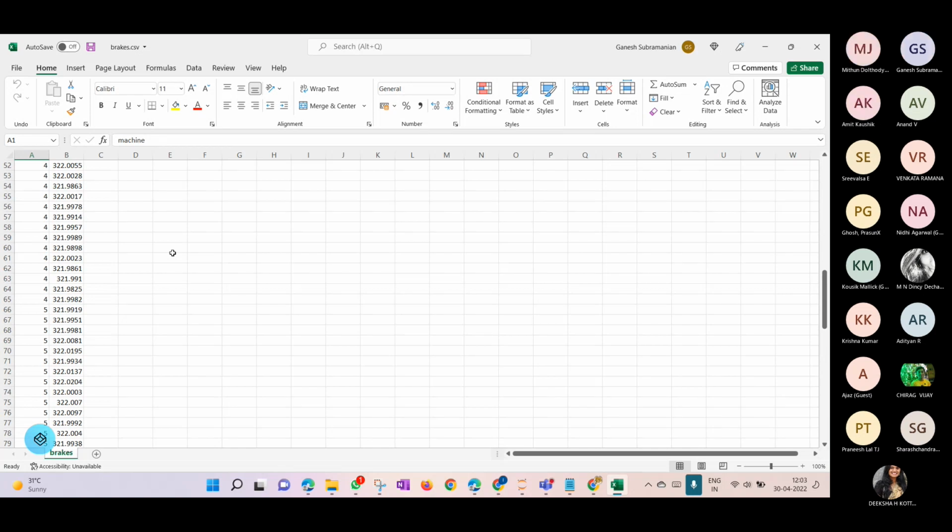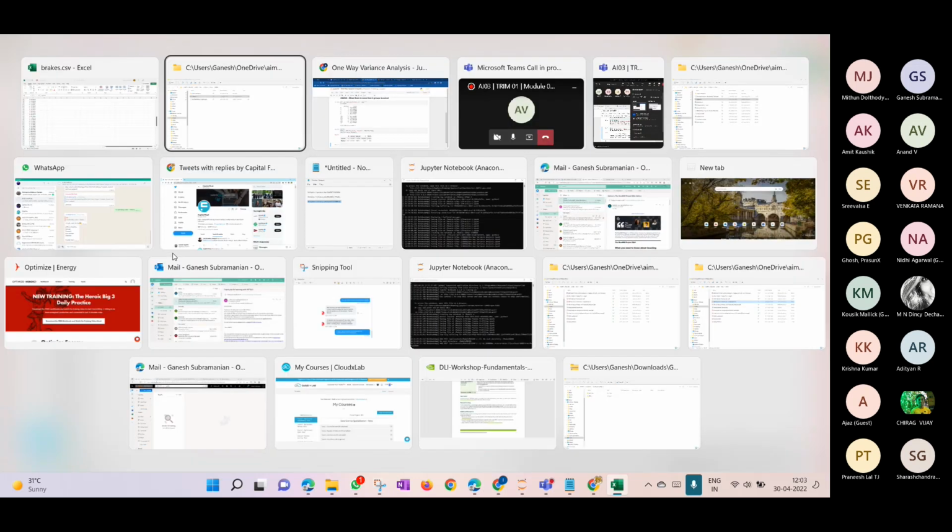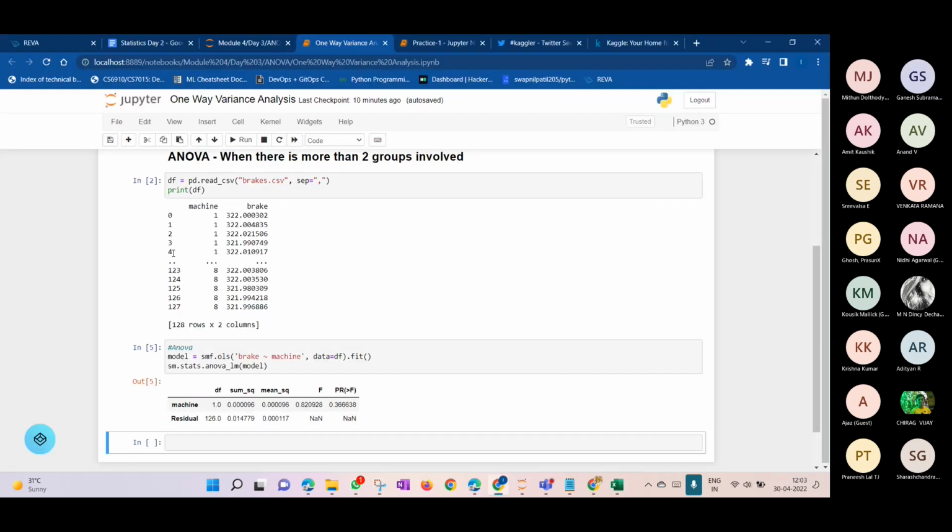Okay, now let's please go to the code. Jupyter Notebook. Breaks.csv, 128 rows. Can you confirm the number of rows in yours?